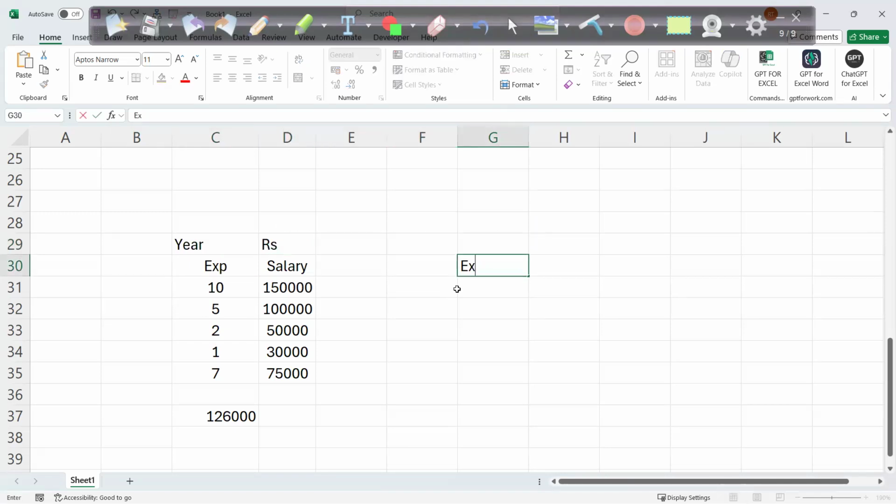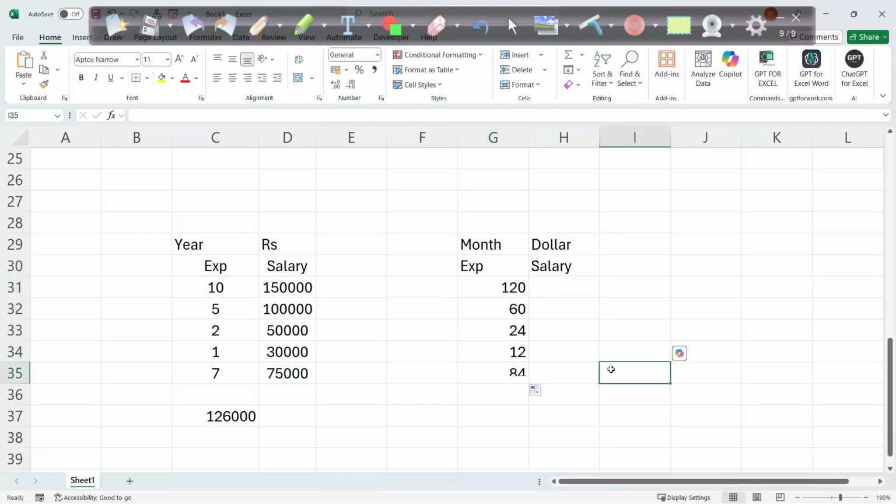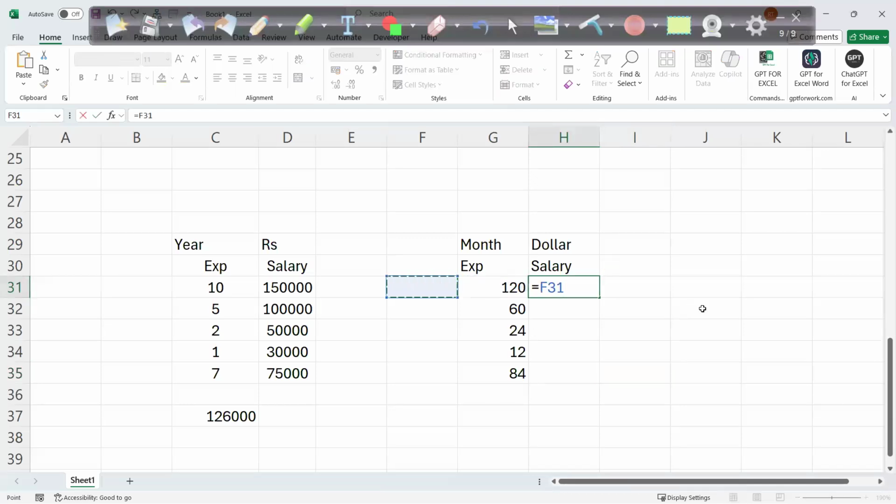Now I will have the experience again, but this time it is in months and this is going to be in dollars. Let's assume that the dollar rate is 82 rupees. So 10 multiplied by 12. These are the numbers I got. Same way for dollars, this divided by 82.